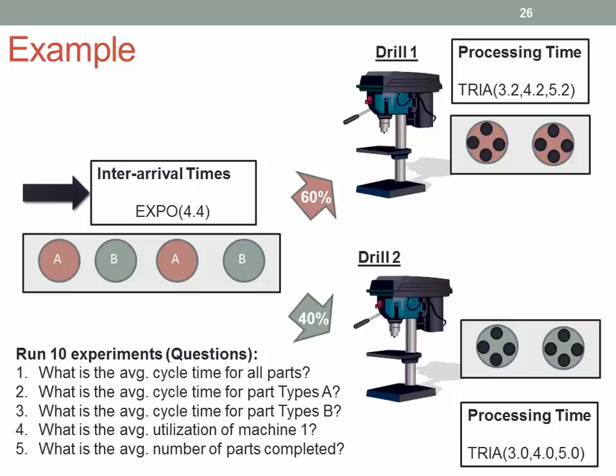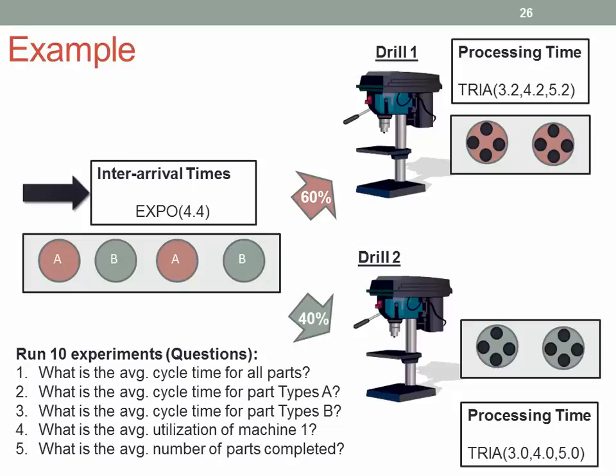This is the arrival time, 4.4 minutes, and then 60% of the parts are A, and those are going to be processed by drill number 1. And 40% of the parts are B, and those are processed by drill number 2.